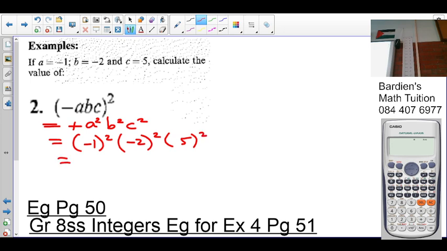What is negative 1 squared? Positive 1. What's negative 2 squared? Positive 4. What's 5 squared? 25. What's positive times positive times positive? Positive. 1 times 4. And 4 times 25 is?